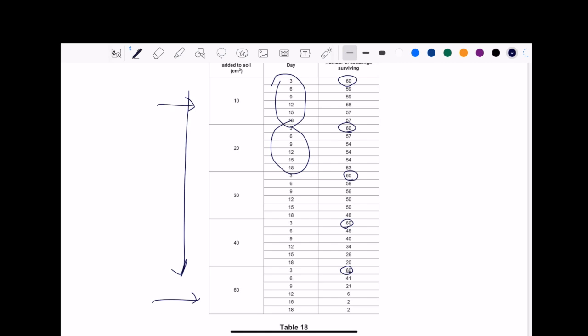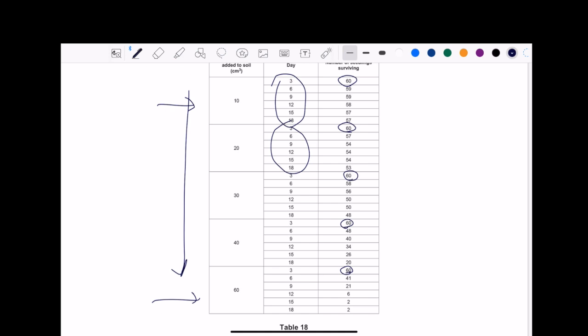What I have analysed from these sort of questions is that they normally want you to say the turning point, you know? The breaking point of the data. So now let's have a look. At what volume of water does the tables really turn in terms of the number of seedlings surviving?